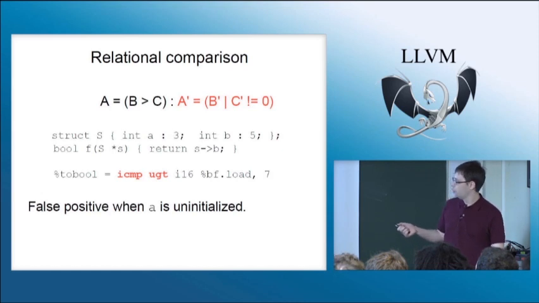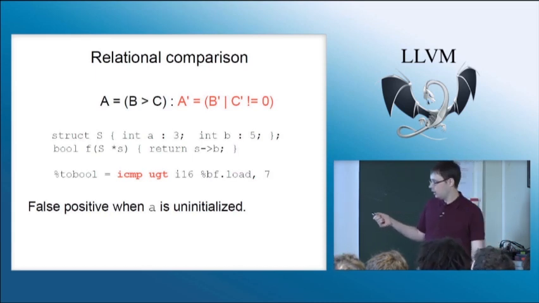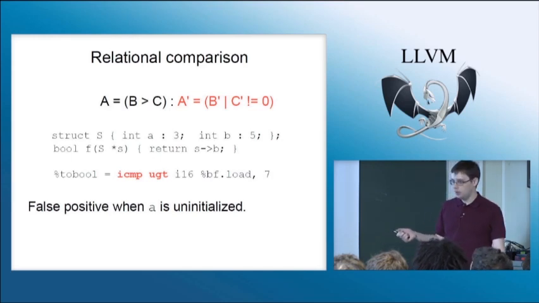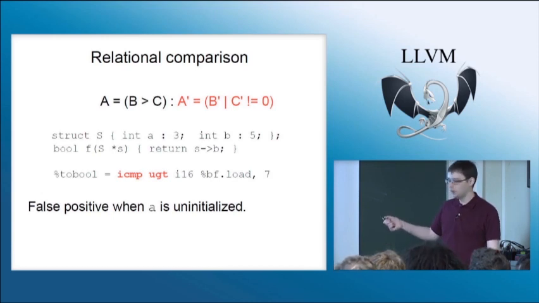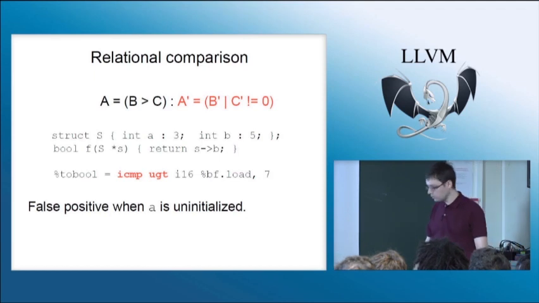For example, in this case, if we have a bit field and we extract one field of it and we cast it to bool, there is something in InstCombine that will turn that into a comparison. It will load the whole byte and check that it's higher than 7 in this case, for the 3 lower bits of that byte.